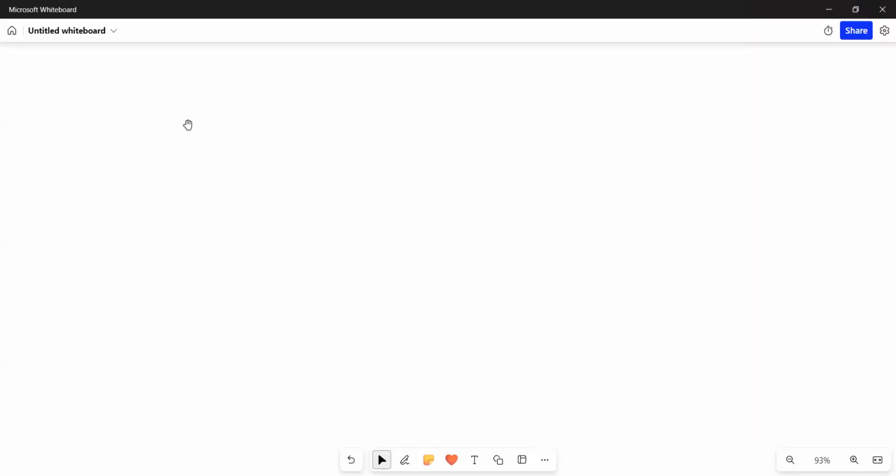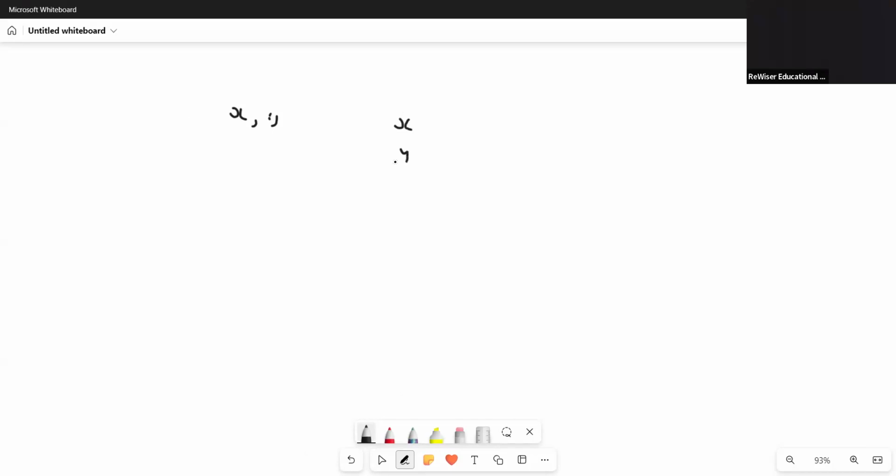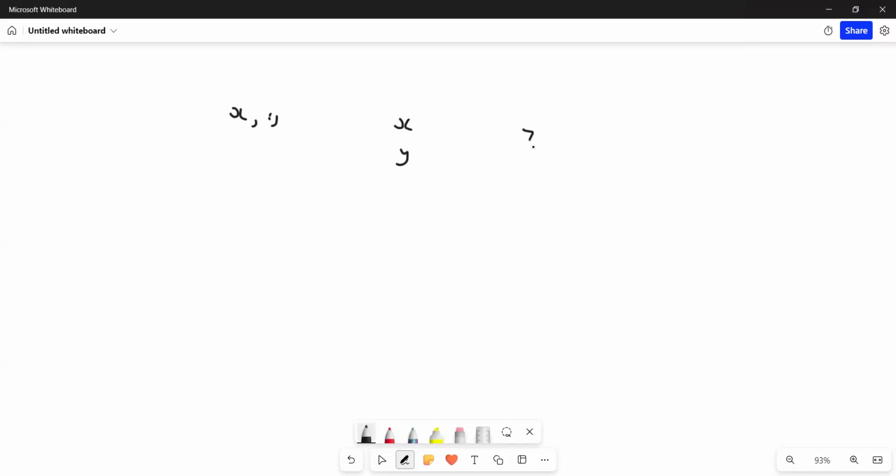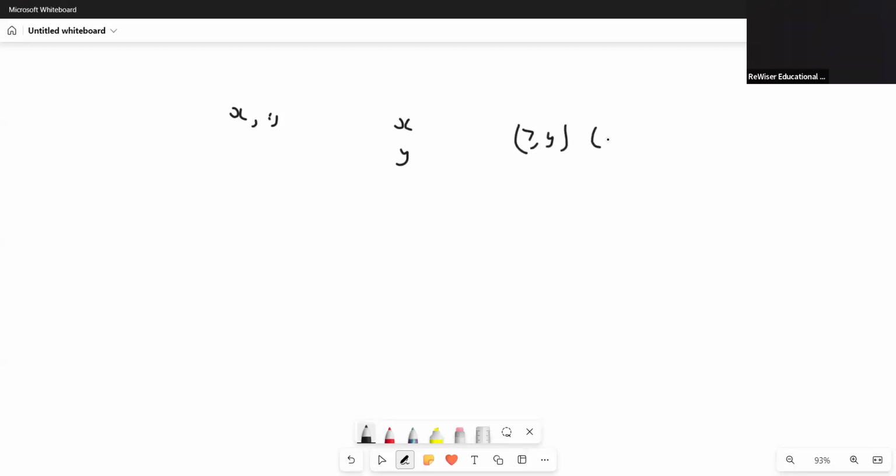The question is: find the relation between x and y such that the point x, y is equidistant from the point 7 comma 1 and 3 comma 5.